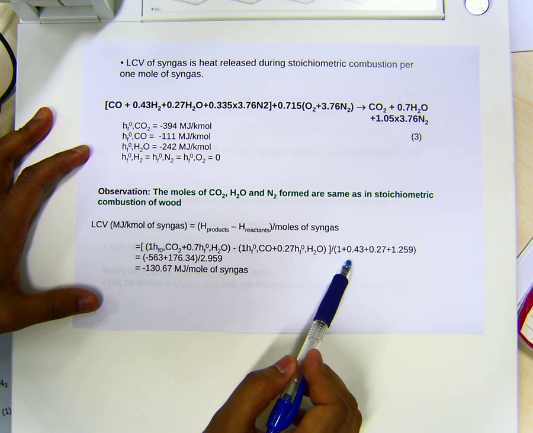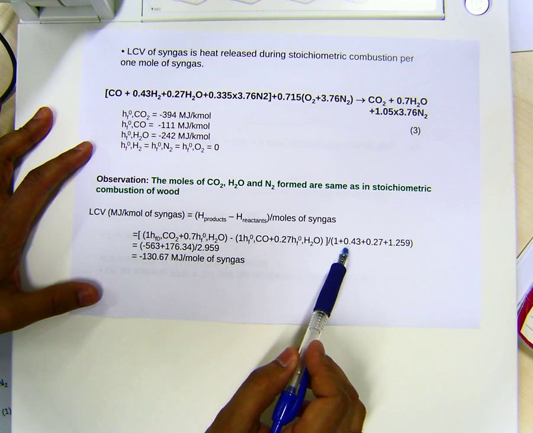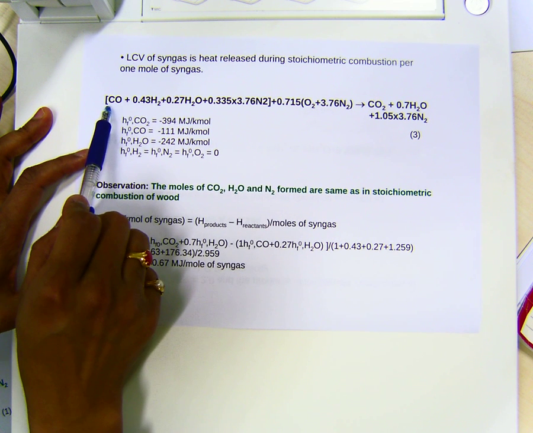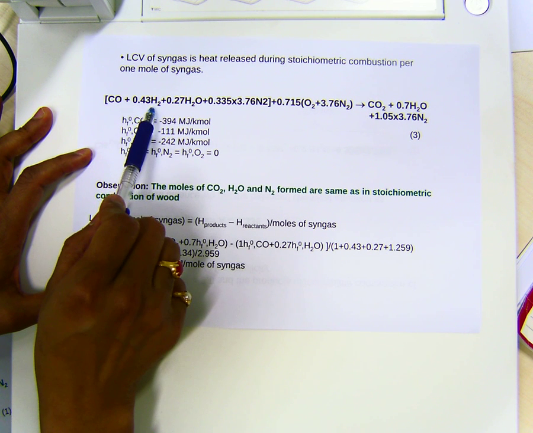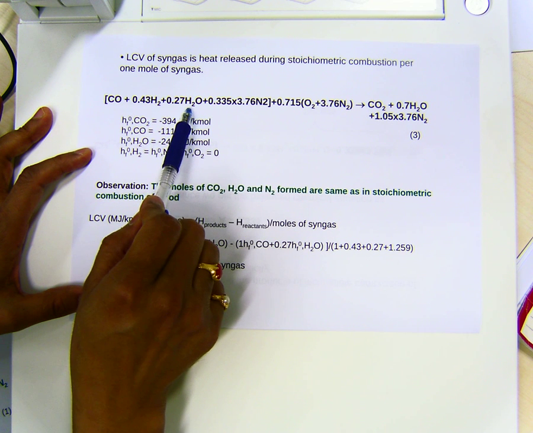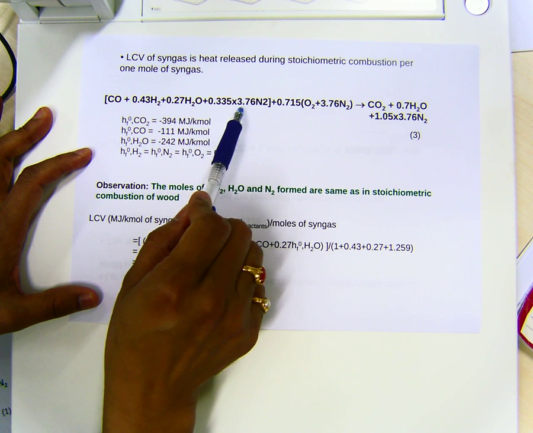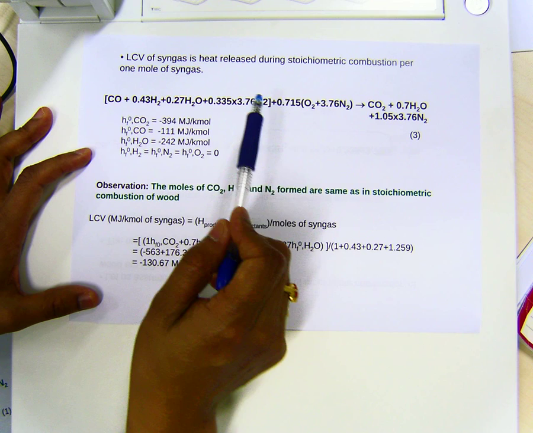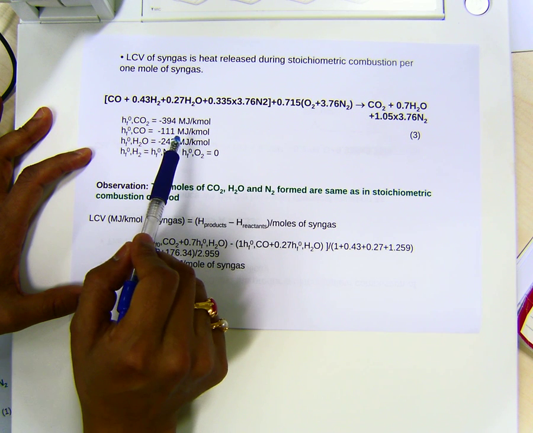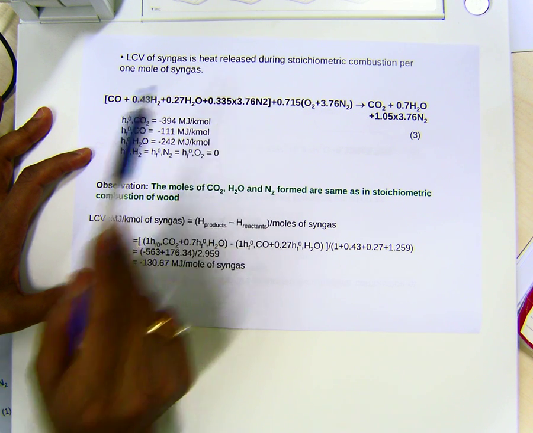So how many moles do we have here? In syngas we have 1 mole of CO, 0.43 moles of hydrogen, 0.27 moles of water, and 0.335 times 3.76 moles of nitrogen, which we got from the earlier reaction, the incomplete combustion of wood.